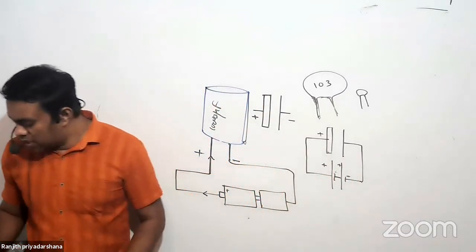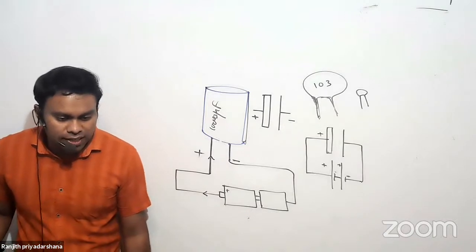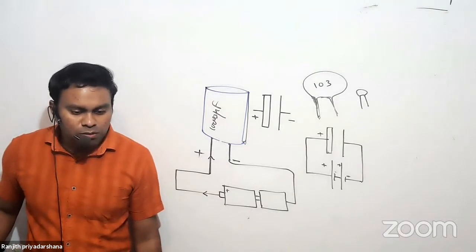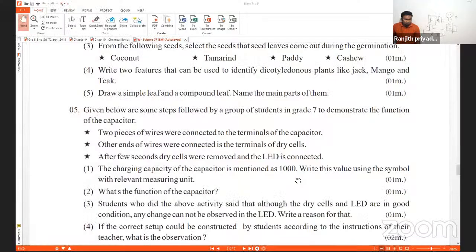Okay, let's see the questions again. The charging capacity of the capacitor is mentioned as 1000, so that must be 1000 microfarad. Write this value using the symbol with the relevant measuring unit.